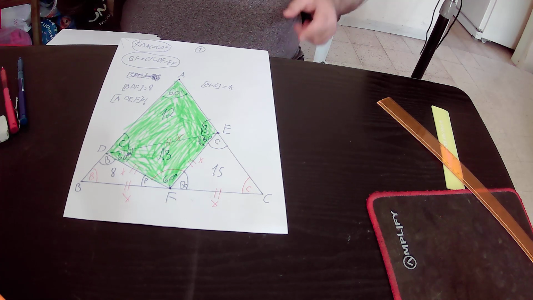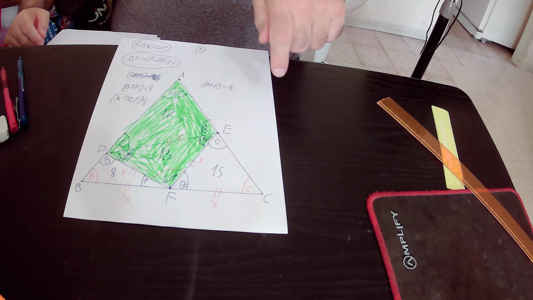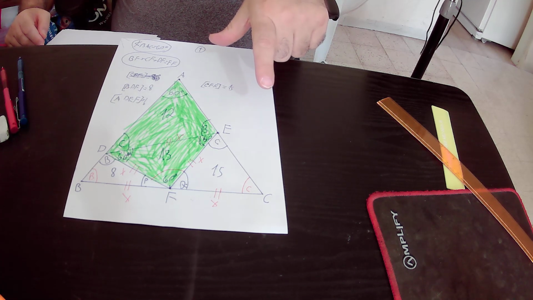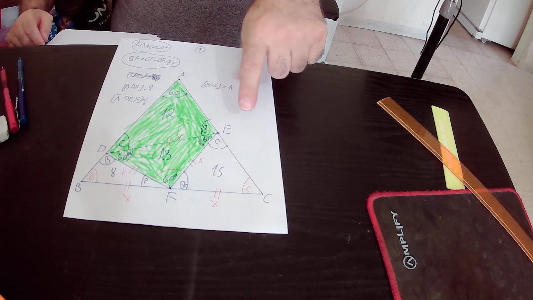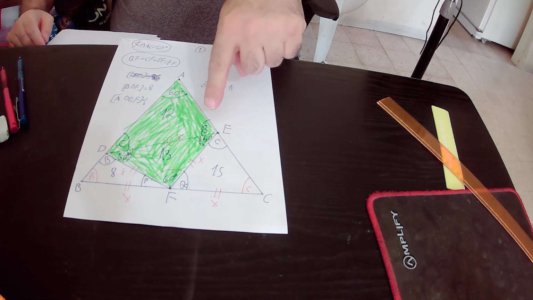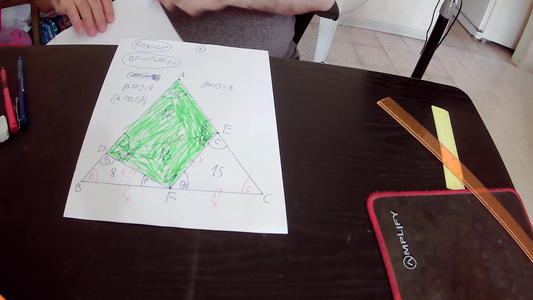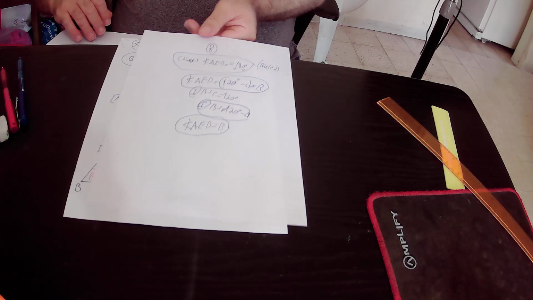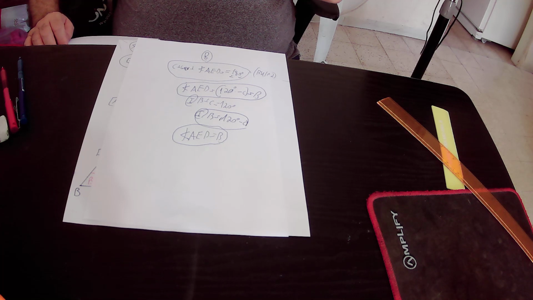So actually AC is a straight line because it is the side of triangle ABC. Therefore, if we focus at point E, the sum of the angles on the straight line equals 180 degrees, that is to say C plus 60 degrees plus angle AED must be equal to 180 degrees according to rule number 2. Again, angle C plus 60 degrees plus angle AED must be equal to 180 degrees.